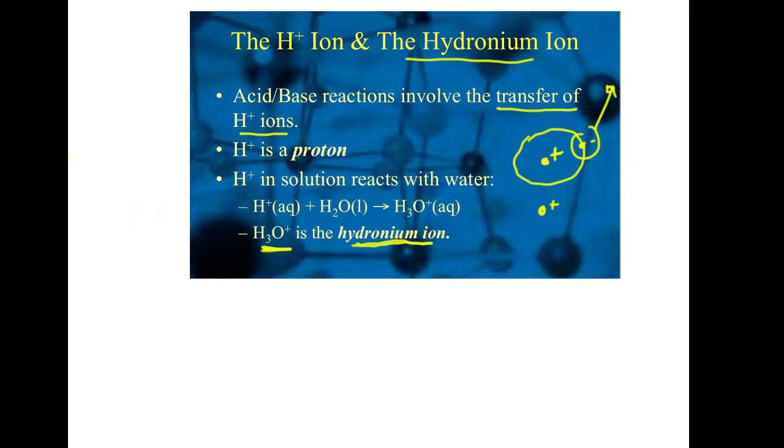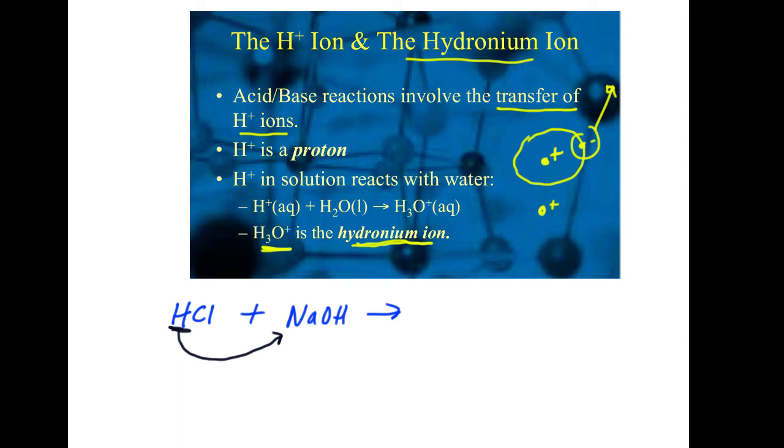Now chemists tend to not write it that way. I'll show you that in just a second. But first, let me show you something else. So we have an acid-base reaction. It's something like HCl that I showed you earlier reacting with sodium hydroxide. This is considered the base because the hydrogen ion is going to move. So we got our hydrogen ion here. It's going to move from here to here. It's going to replace that sodium ion.